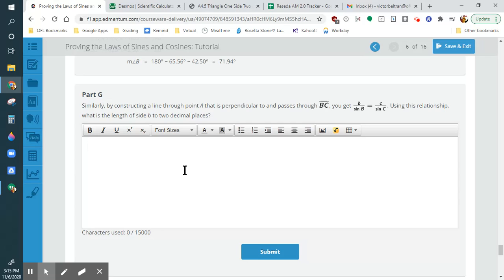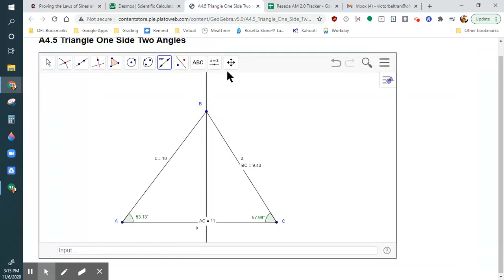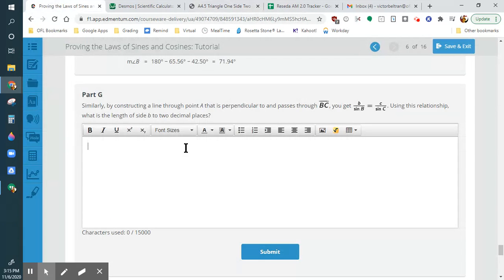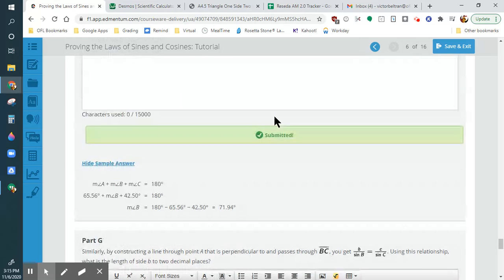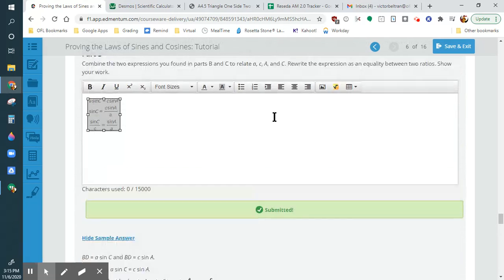So now similarly, we want to get this using the relationship. All right, so now we want to solve for little b. And that makes even more sense because remember I was saying we don't have little a, let me calculate little a or little b. We didn't have little b, so let me calculate little b. Similarly, we're going to construct a line perpendicular. So this time I will use the right triangle.